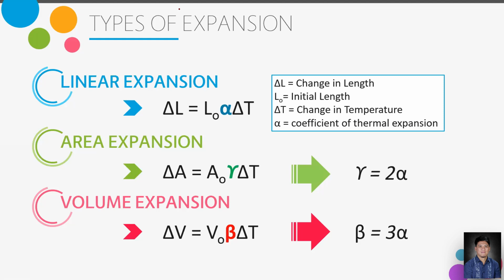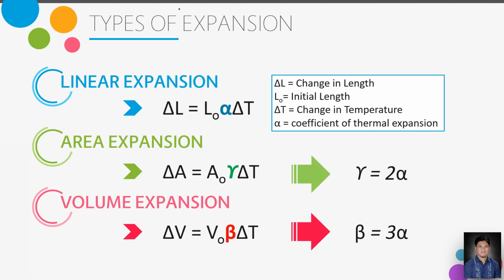Since area is already two-dimensional, we also need two coefficients of thermal expansion. Alpha is for one dimension only, and area is two-dimensional, so we need two dimensions of the coefficient. That's why we multiply it by 2.